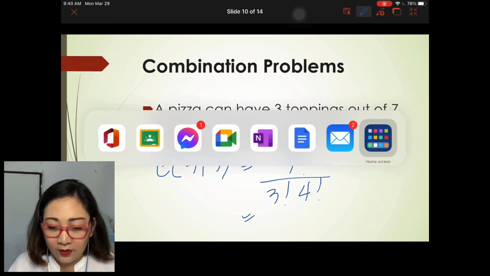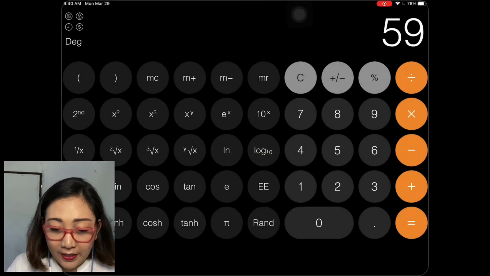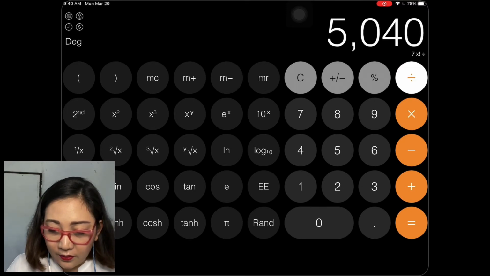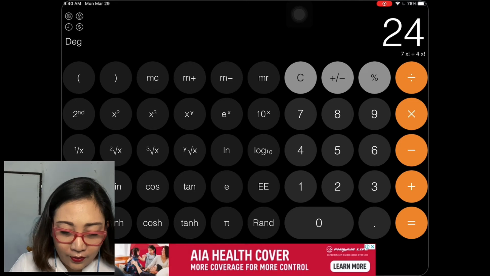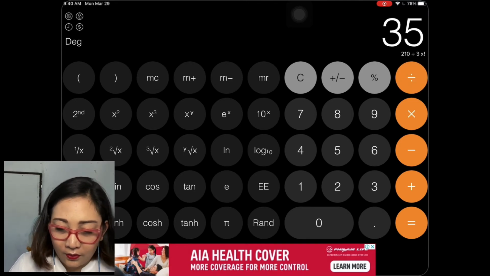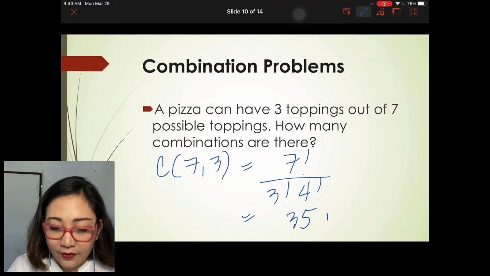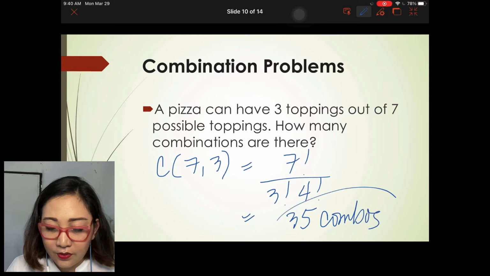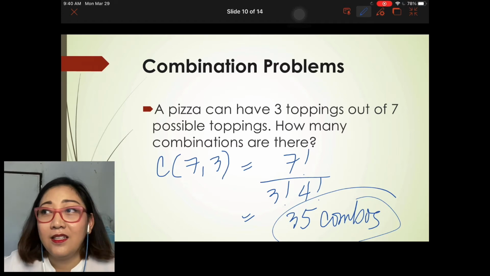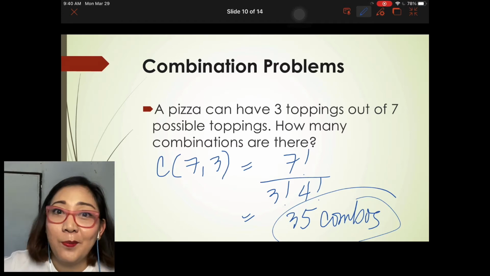I will open my calculator para mabilis. So 7 factorial divided by 4 factorial divided by 3 factorial. 35. So we only have 35 combinations. Okay? So as you can see, significantly less yung mga nakukuha natin kesa dun sa nasa permutation time.